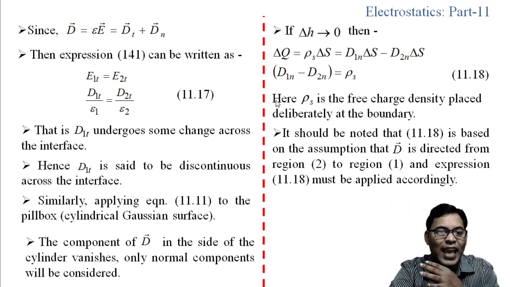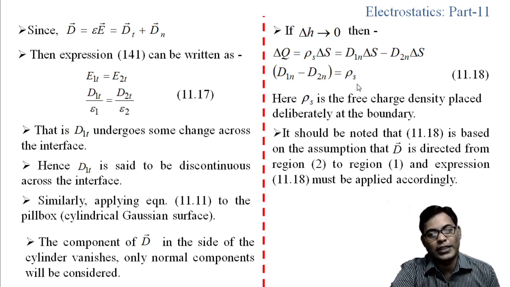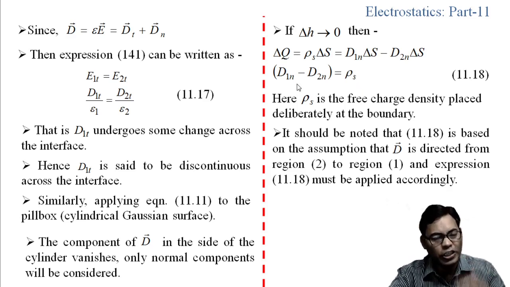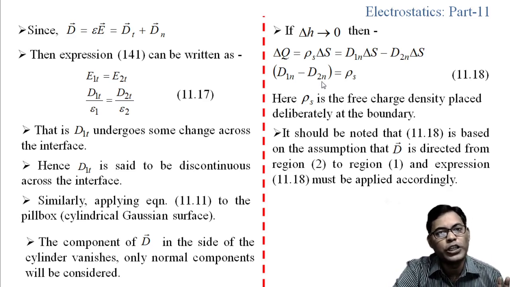So in general we get the expression d1n minus d2n equals to rho s, but theoretically d1n equals to d2n, because rho s equals to 0 for dielectric medium.